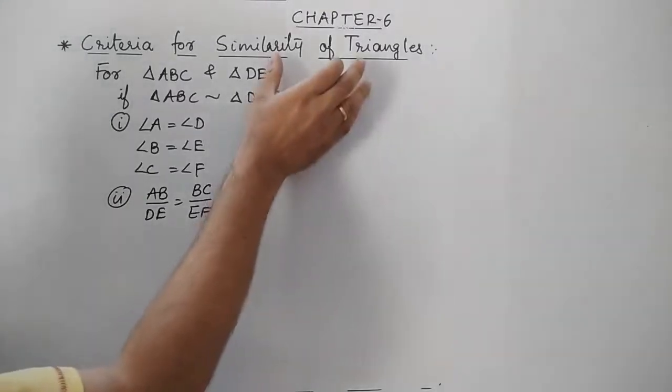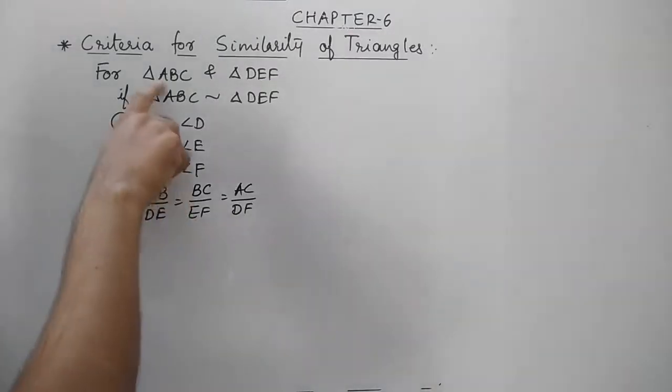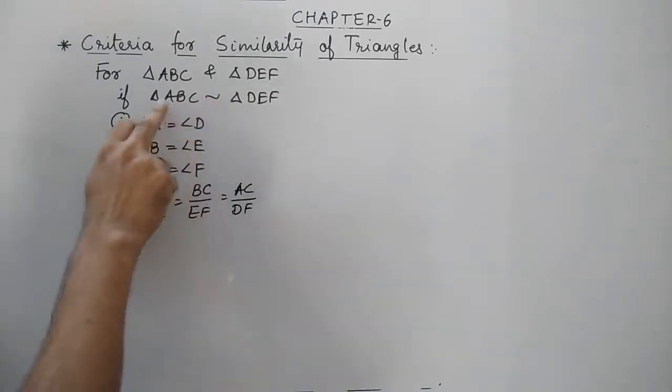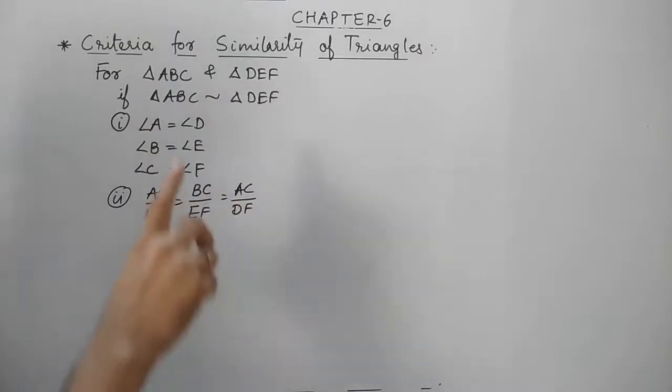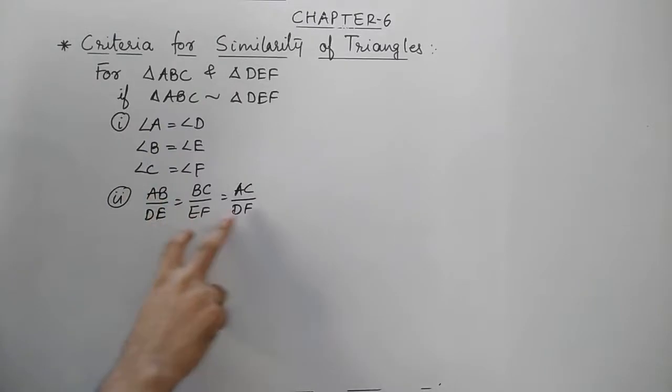Let's first understand what similar triangles are. That is the recall which we have already discussed. There are two triangles, suppose ABC and DEF. If triangle ABC is similar to DEF, we know there are two conditions: corresponding angles are equal and corresponding sides are in the same ratio or proportion.